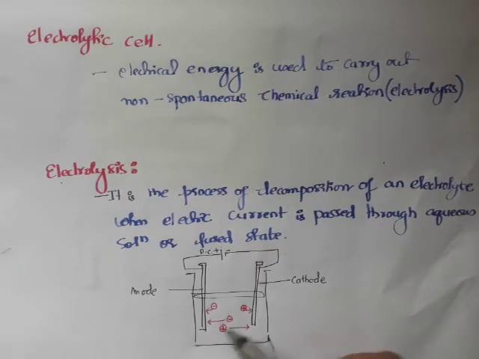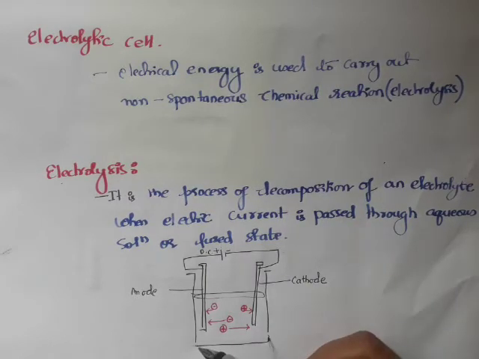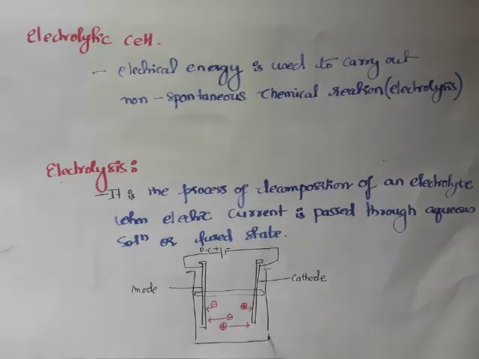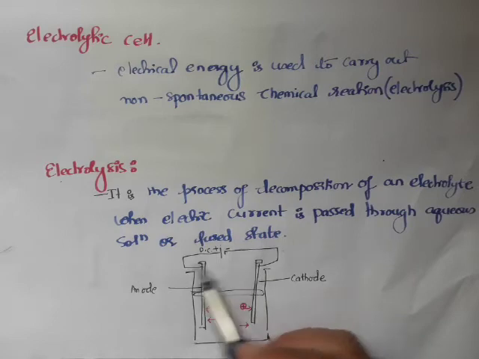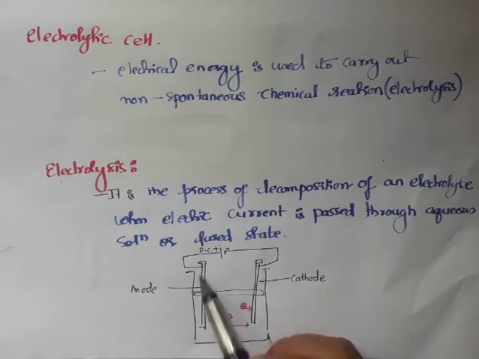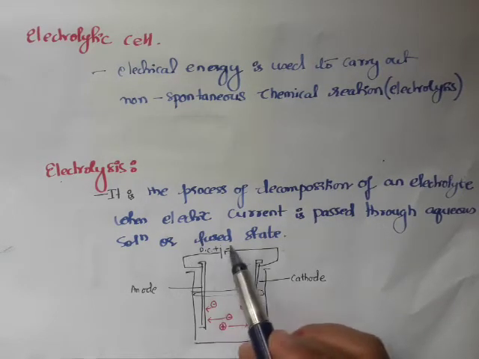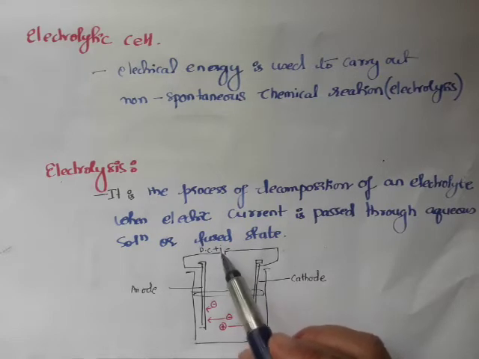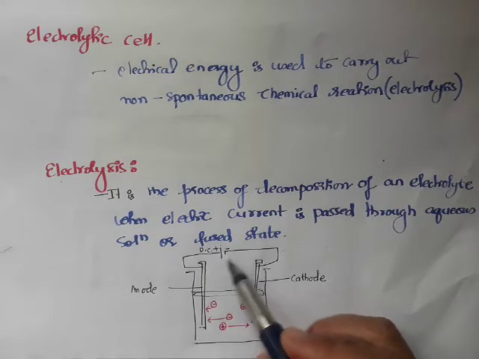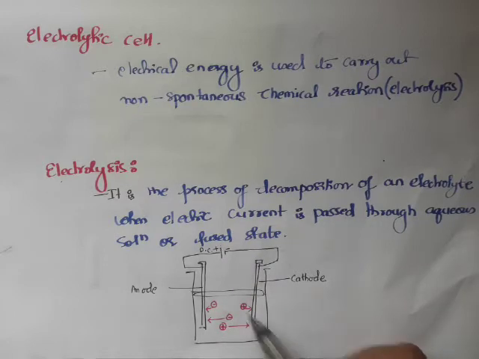For the solution, we can take any salt solution, either in aqueous form or in fused state. The electrodes are connected to an external battery, which is the source of electrical energy. When the electrical energy passes through this solution, electrolysis takes place.